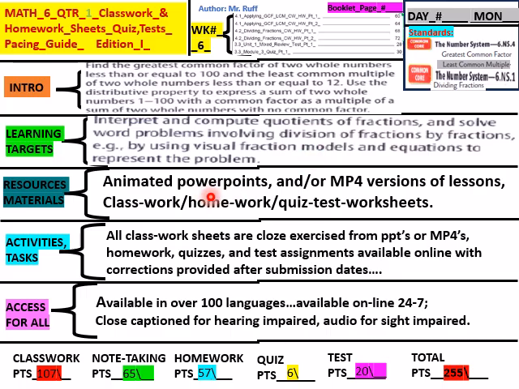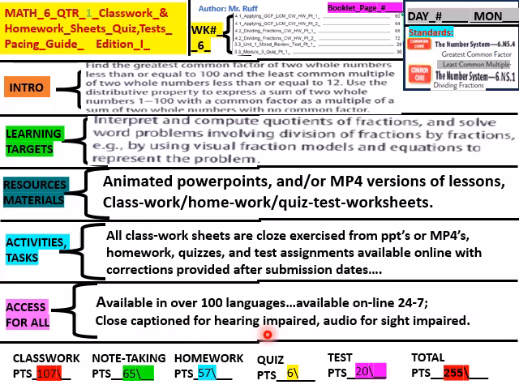Again, resources and materials: animated PowerPoints and videos, classwork, homework, quiz, test, worksheets. Activities and tasks are all class worksheets or closed exercises from PowerPoints or MP4s. Homework, quizzes, and tests available online with corrections provided after submission dates, and access available in over 100 languages, available online 24/7.